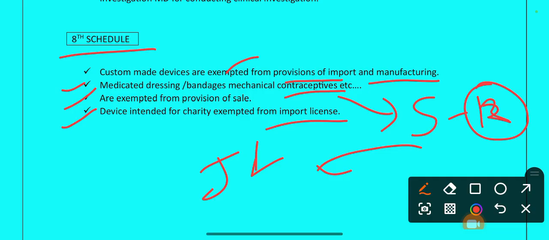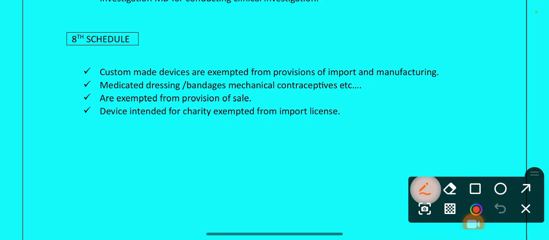So the eighth schedule is only for regulatory exception and facilitating access.